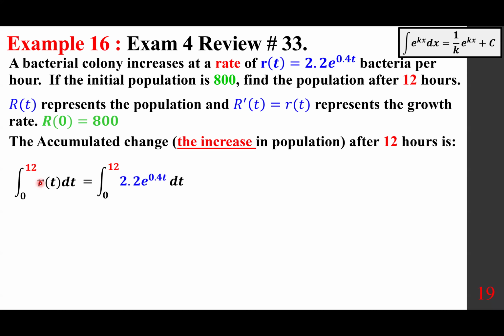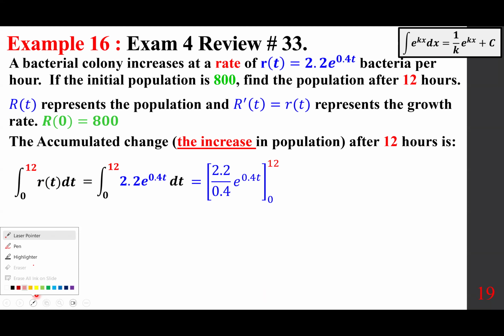You're going to replace r of t. And remember, with the exponentials, the answer is always itself. And then you divide by k. So we're going to divide 2.2 by k, which is 0.4 here. This is 22 over 4, which is 5.5.